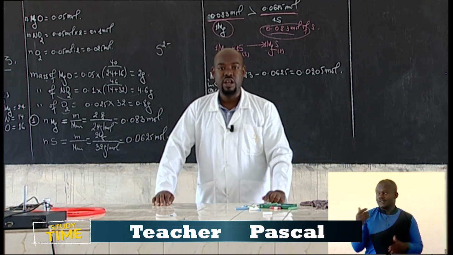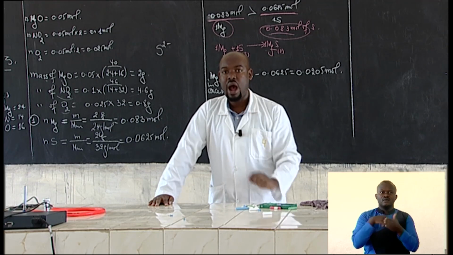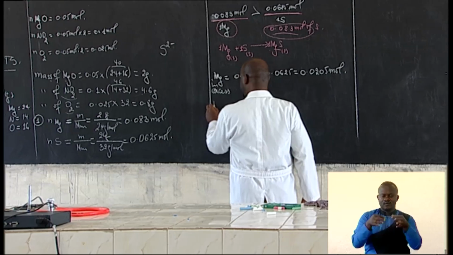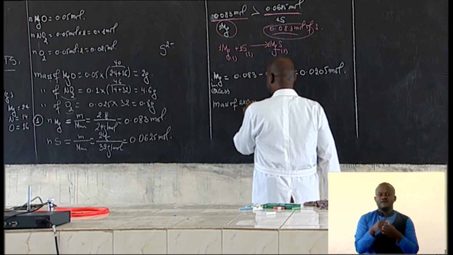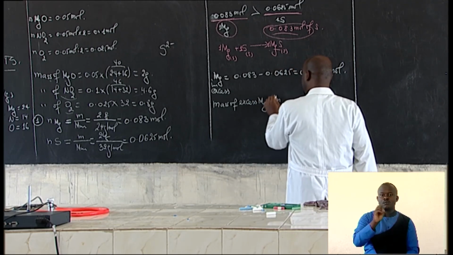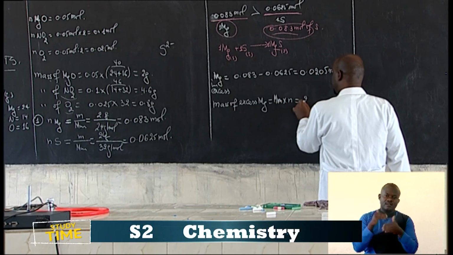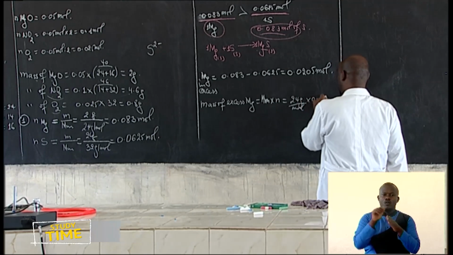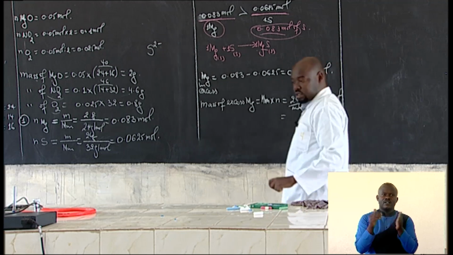And after finding the number of moles of the magnesium which will remain unreacted, we can use the formula, which is very common, to find the mass of excess magnesium. We use molar mass times n, and we have 24 grams per mole times 0.0205 mole, and what do we get?